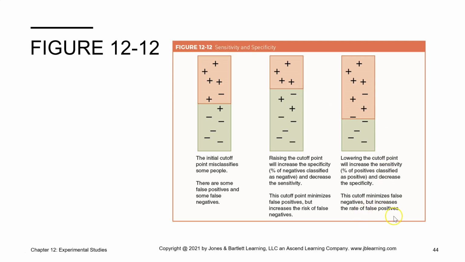And so you can go over these different numbers here and see how, with this lower number here, there are no false negatives, but then there are more false positives. Over here, again, you have more false negatives, but then you have no false positives. And so it's really a balancing act between the three here.